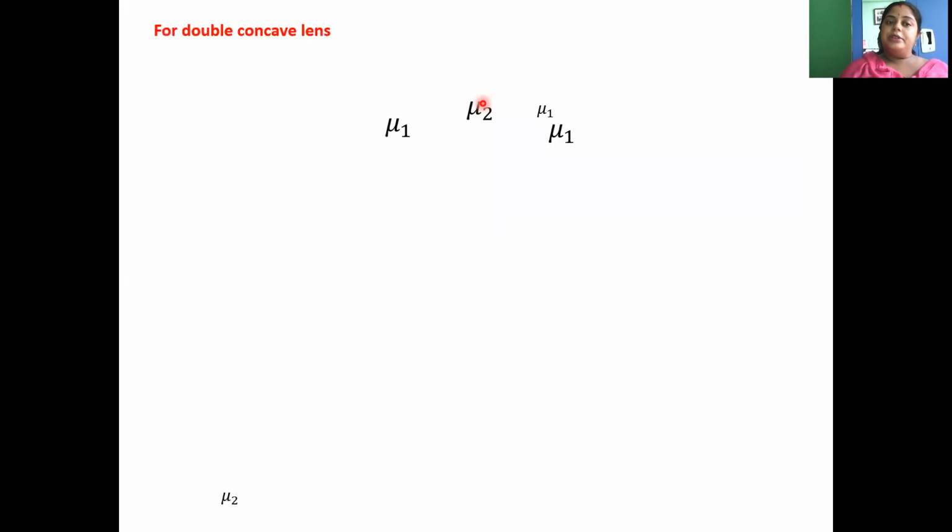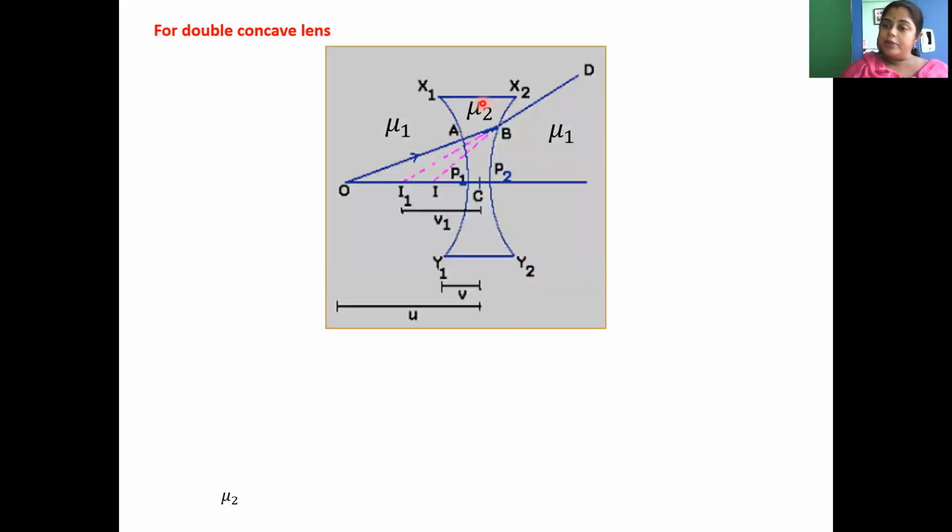Now we will derive the Lens Maker formula for a double concave lens. So what is a double concave lens? Where both surfaces are concave. There are two surfaces.